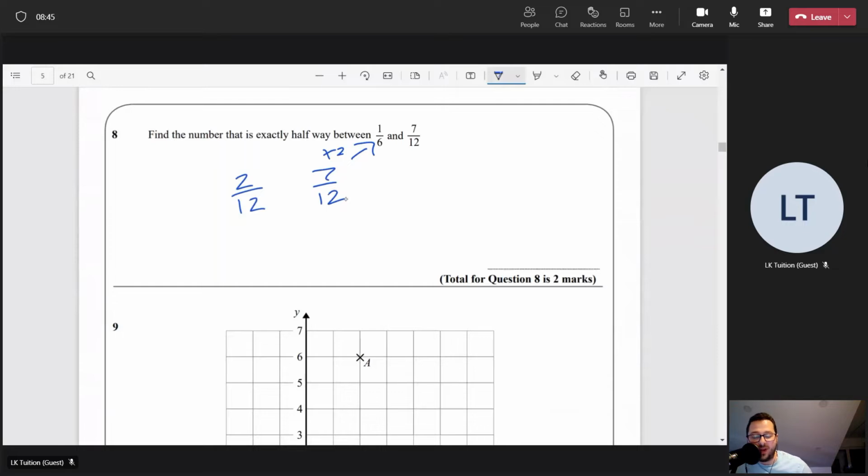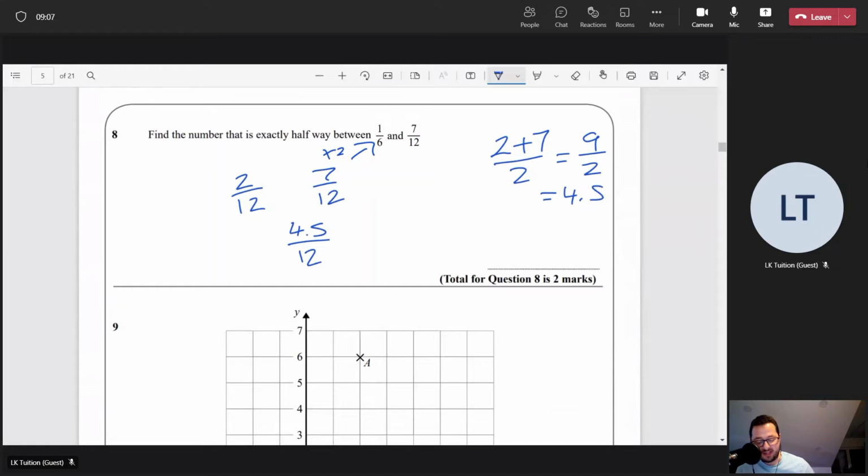So really, we're just finding halfway between 2 and 7. You can just think about it for a sec, or you can do the average. So (2 + 7)/2 is 9/2, which is 4.5. So halfway is 4.5/12, but I don't really like using it as a fraction and a decimal.